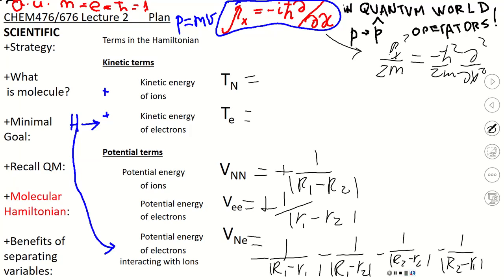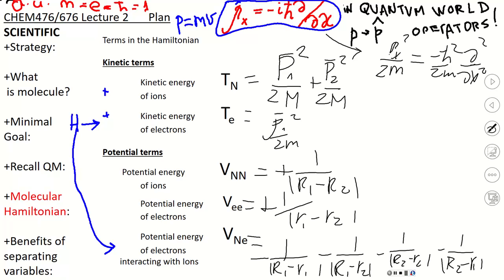So, shorthand, P capital 1 vector squared over 2 times the mass of the proton, plus P capital 2 vector squared divided by 2M. And for electrons it will be p lowercase 1 squared over 2 times the mass of the electron, plus p2 squared over 2m.